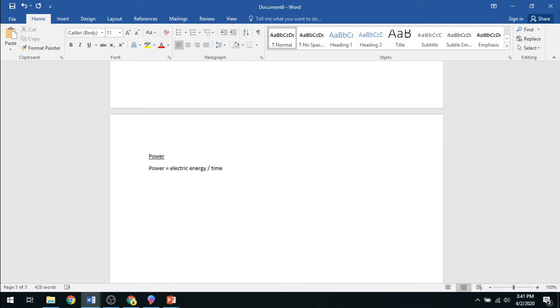And this is very similar to if you watched the video about work and power there. We said power is equal to joules divided by seconds. Okay? And so joules is the unit for energy, seconds is the unit for time.